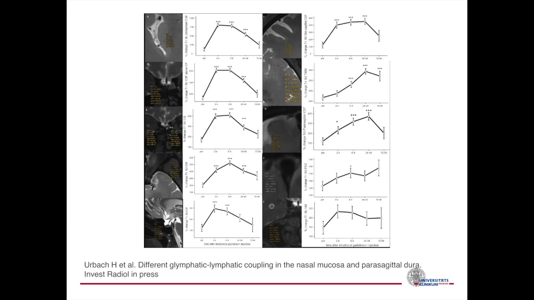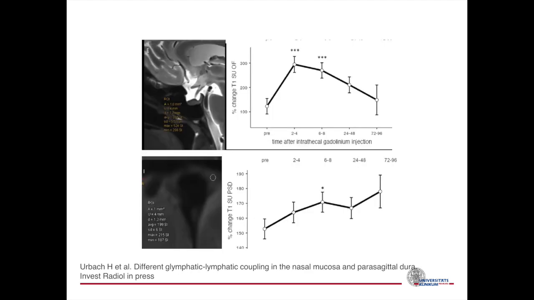These are the signal intensity time curves. To make the story short, there is a difference in the nasal mucosa and in the parasagittal dura. The parasagittal dura occurs a lot later than the CSF drainage in the nasal mucosa.